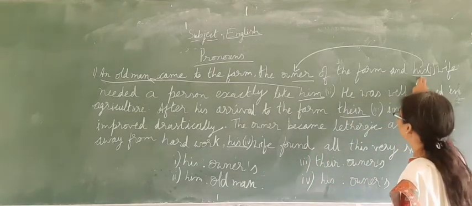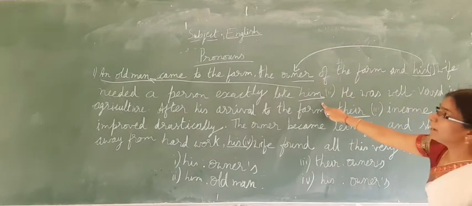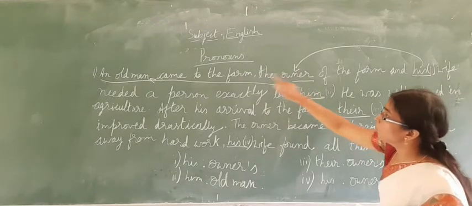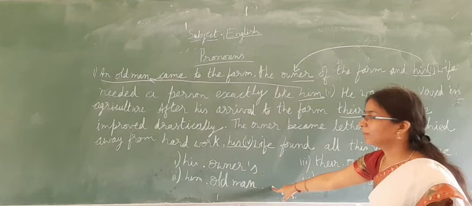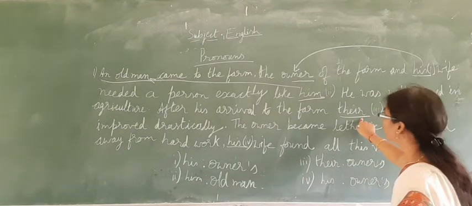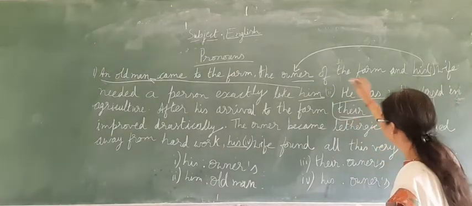So here, his wife means owner's wife. Him, our exactly like him, who is that? Like the old man. So for him, the answer you write is old man. They, that is owner's income. Owner's income.